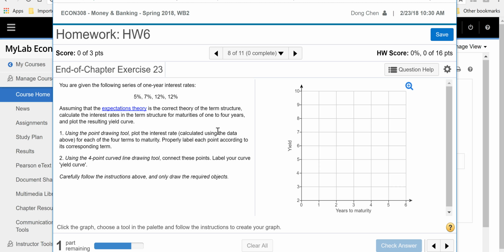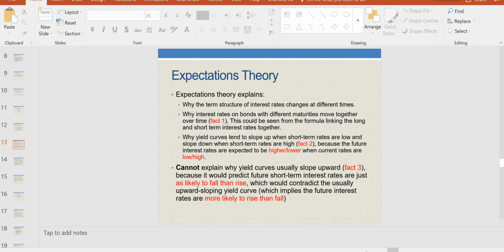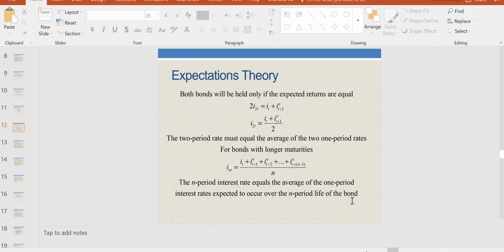So that's basically what this expectations theory says. You can pull out my lecture slides, which are a summary of the major points in this chapter. Expressing that perfect substitution in math, we have this formula.